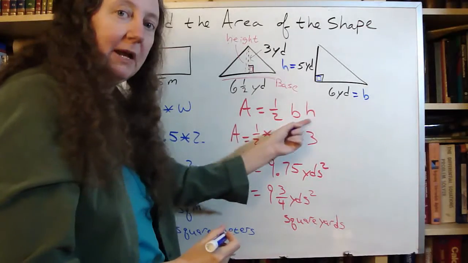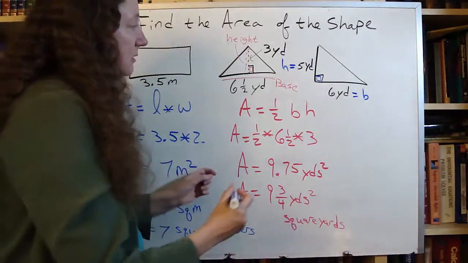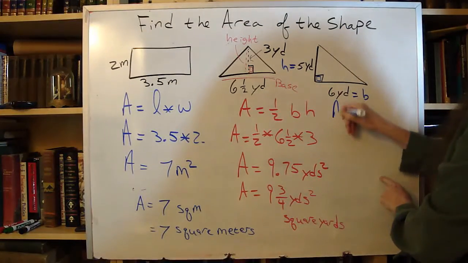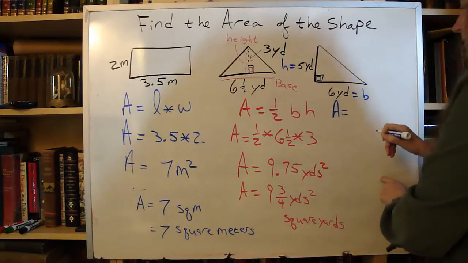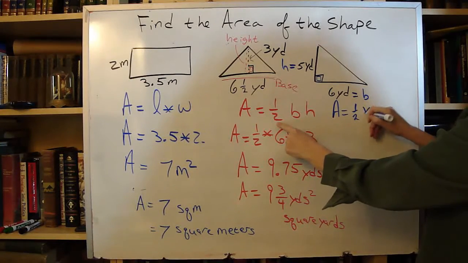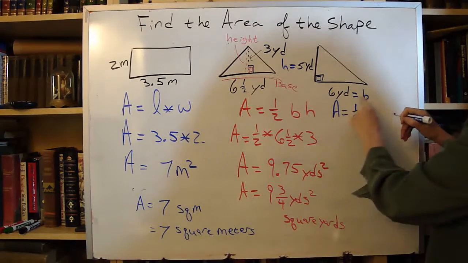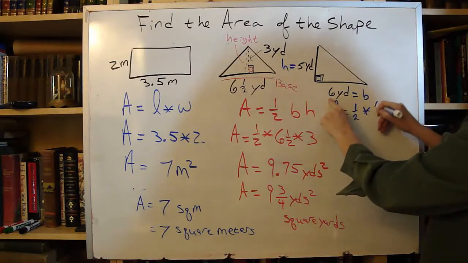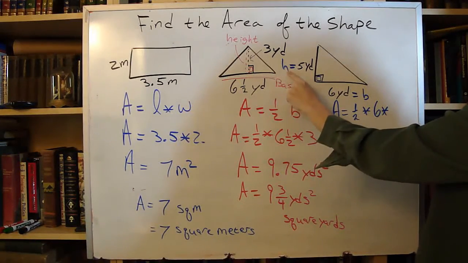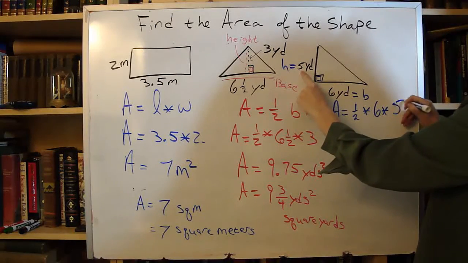I take them into my area equation. One half times the base, 6, times the height, 5.